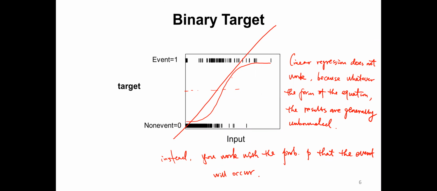We want to use the logistic regression like this curve, and we want to limit this curve in the range of 0 and 1 so that the probability doesn't go outside the bound. Linear regression does not work because whatever the form of the equation, the results are generally unbounded. Instead, you work with the probability that the event will occur.